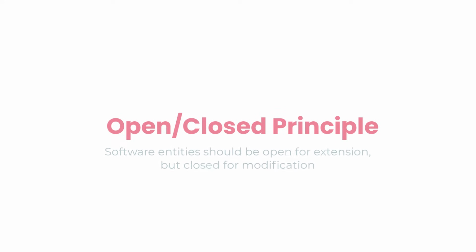The open-closed principle is a very important one, and it sounds like this: software entities should be open for extension but closed for modification. And what does it mean in real life? It means that you should design your classes, modules, and libraries in such a way that you can extend their functionality without touching the component. Libraries are a very good example.